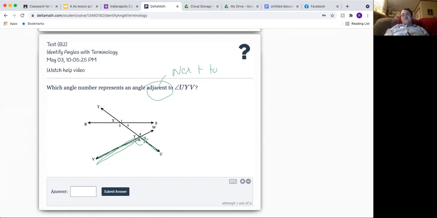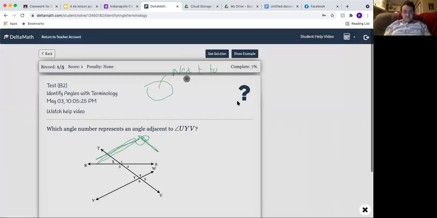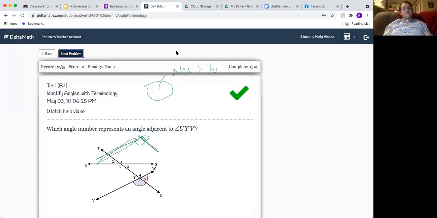So it's asking what angle is next to or shares the same side as 6. That would be your angle 5. You could just put the number in there and that will be fine. So that is identifying angles with terminology.